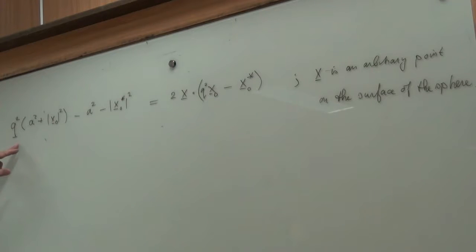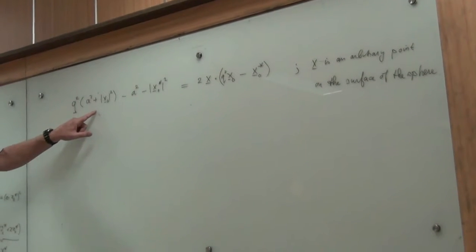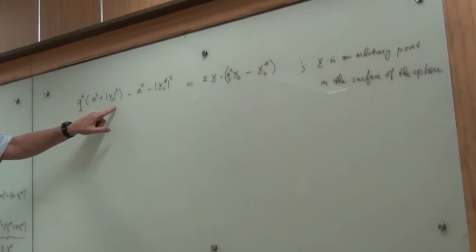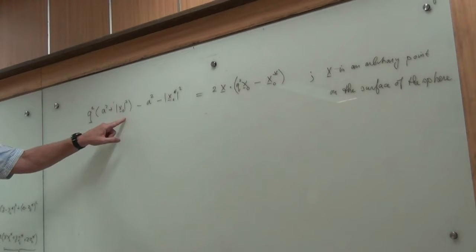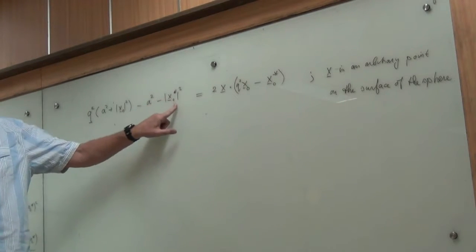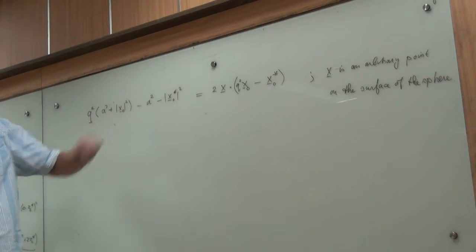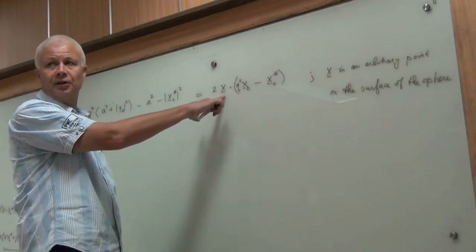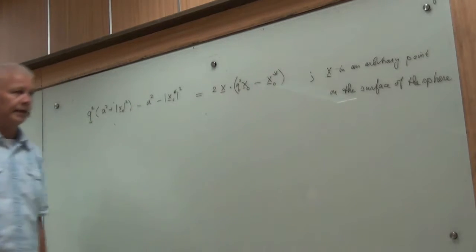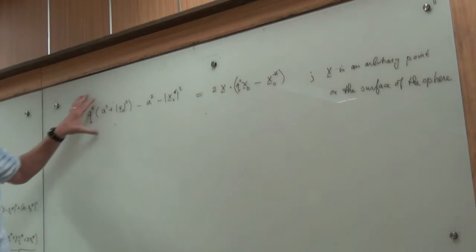Now we look at the other points. Q is assumed to be a fixed value, yeah, of the charge. A squared is the radius of the sphere, a fixed constant. I would like to know the solution at the point that I determined. That's a fixed point, that's not varying, and where I put the charge is also not varying. Yeah. So the only thing that is varying is that point here.